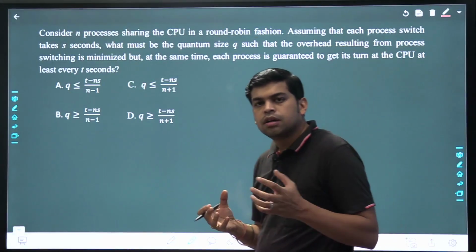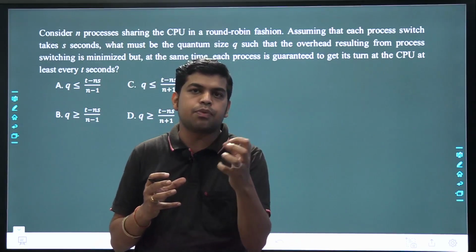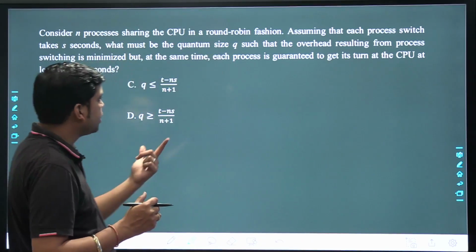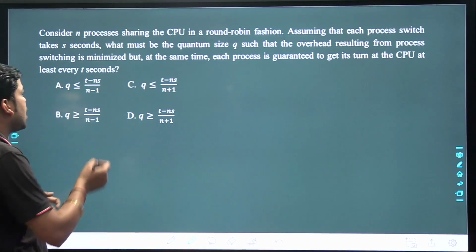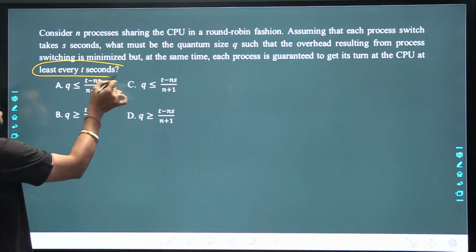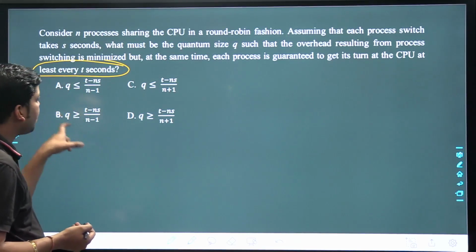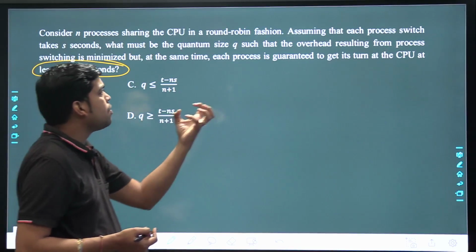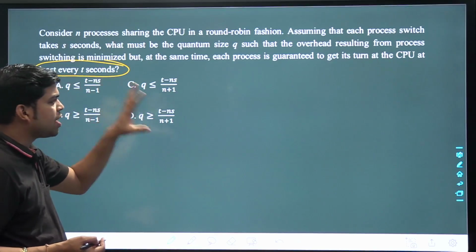Overhead means the time required to allocate the CPU to a particular process. So we need to minimize that, and we must ensure that every process gets its turn after every t seconds. Got it? So we need to identify the value of q.